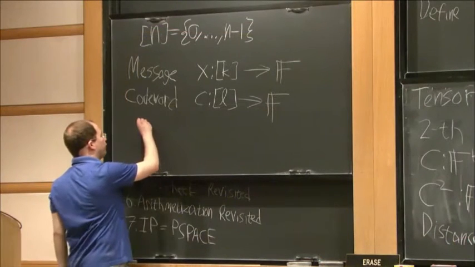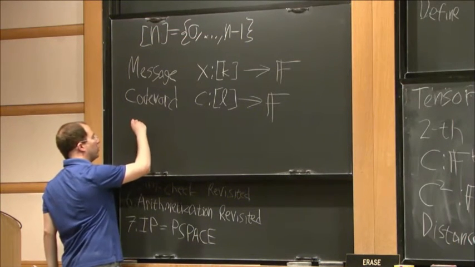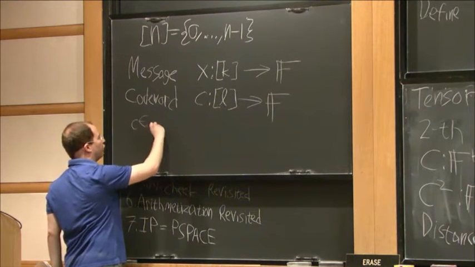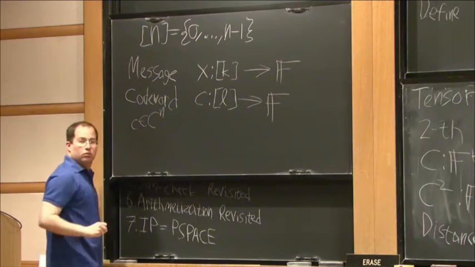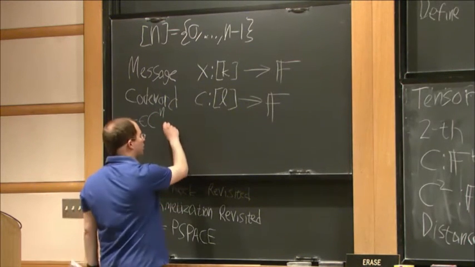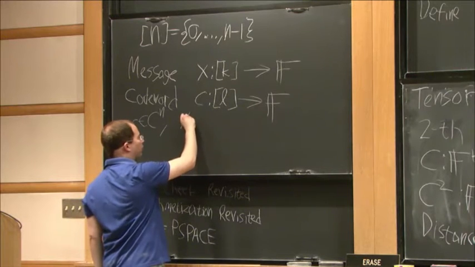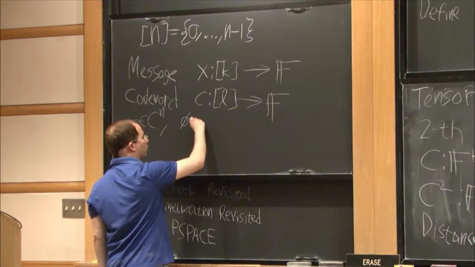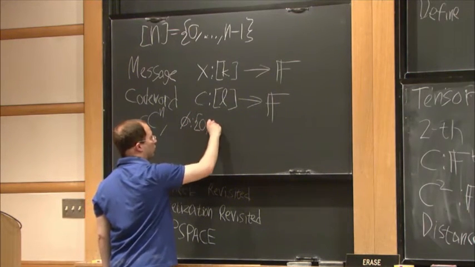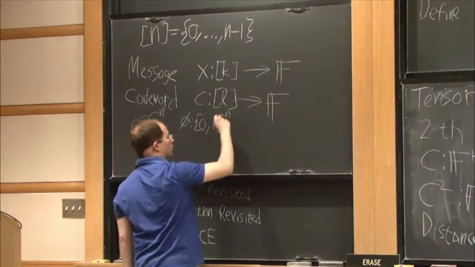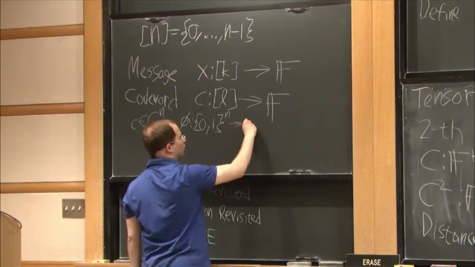So say we have some code word c of some code C to the n, and a Boolean formula phi from 0,1 to the n to 0,1.